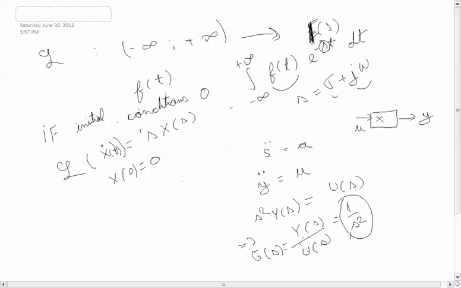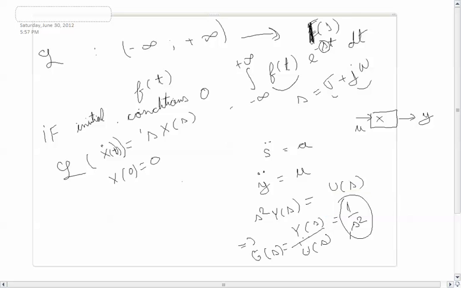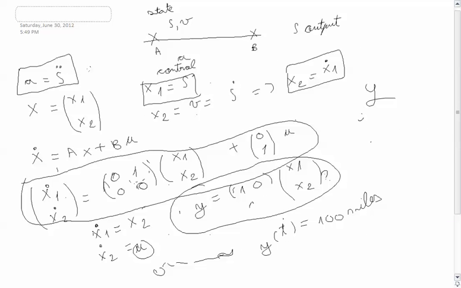And we can actually reach this form from our state space representation. If you remember our state space equations, we got x dot equals ax plus bu, and y equals cx.